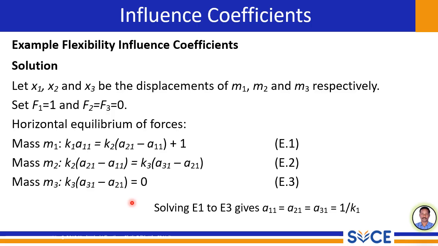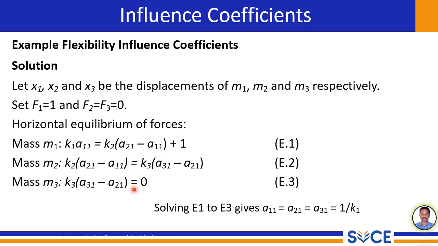Solving these three equations, substituting A31 equal to A21 into equation 2, we finally get 0. This implies that A21 minus A11 will be 0.